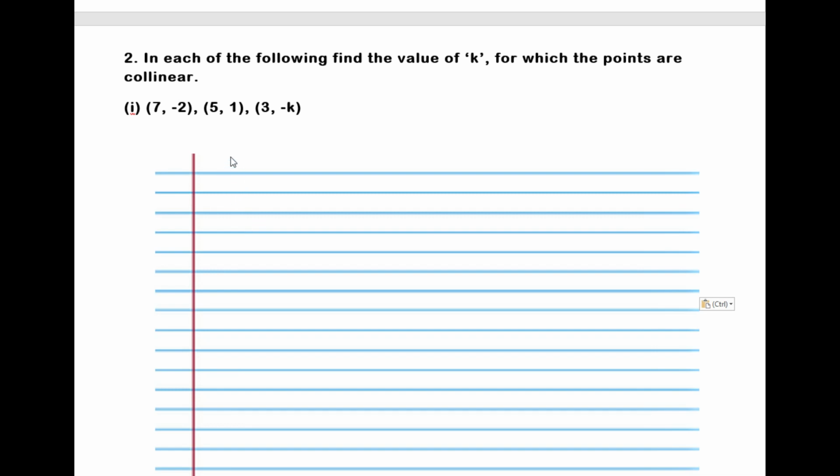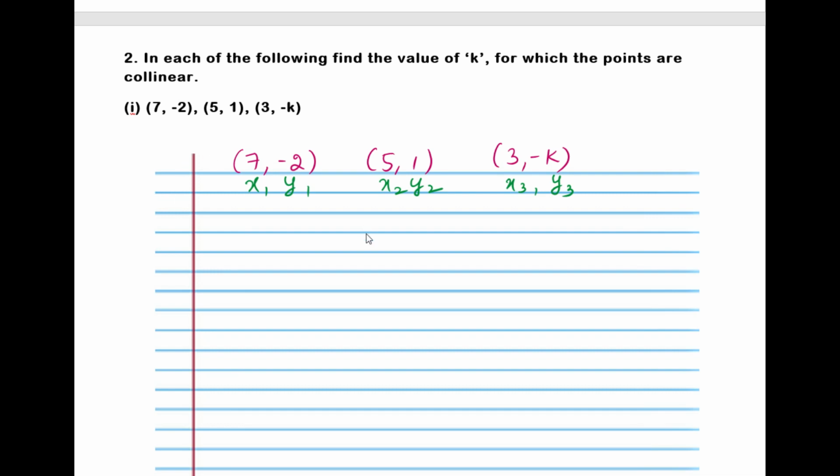Now the first step, write down the points, that is 7 comma minus 2, then 5 comma 1, then 3 comma minus k. Now consider 7 comma minus 2 as x1, y1, x2, y2, then x3, y3.